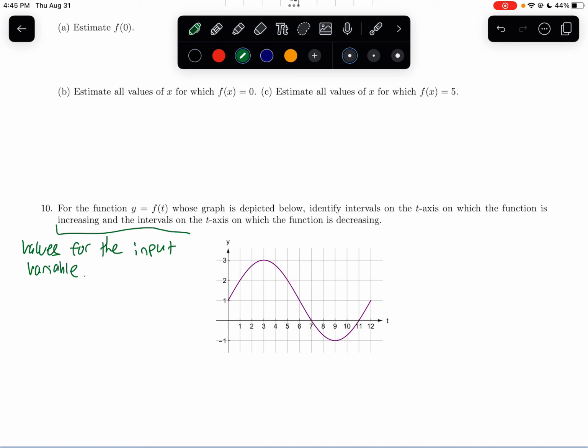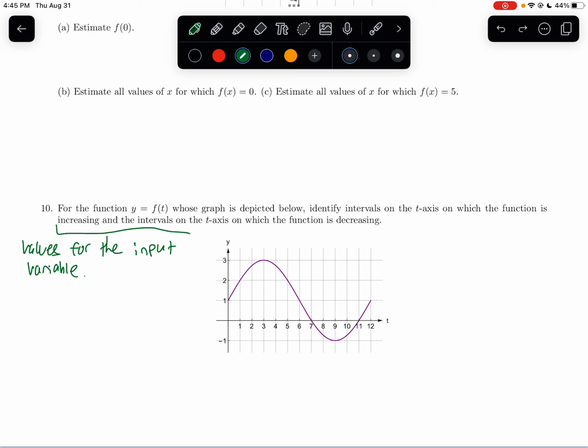So we don't care what the function has an output value of to describe when it's increasing or decreasing. We only care about the input values that result there. So we're finding t values here, right?